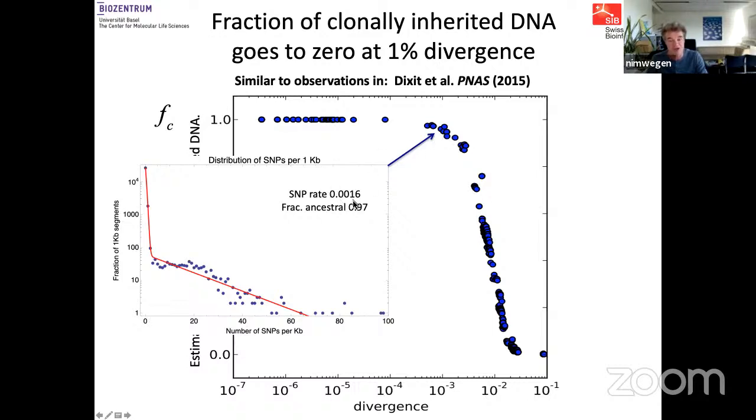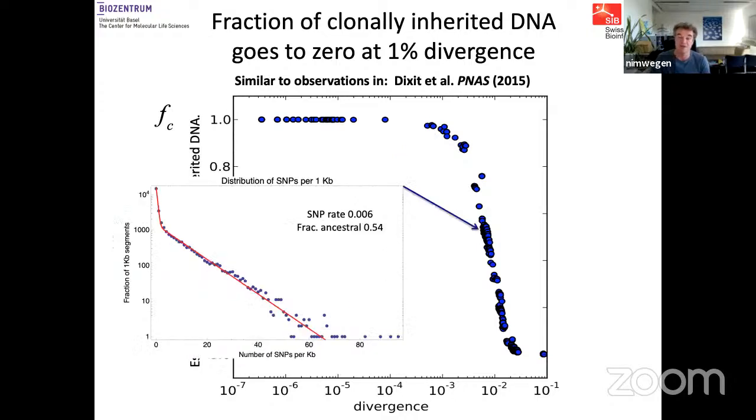The overall SNP rate is 0.16%, and we estimate 97% of the core genome was clonally inherited. But as soon as you start going to pairs of strains that are further apart, so this is a SNP rate of 0.6%, the clonal fraction has gone down to 50%, basically this part.